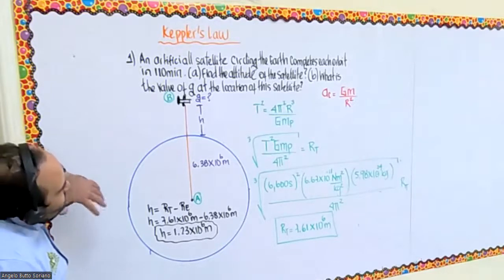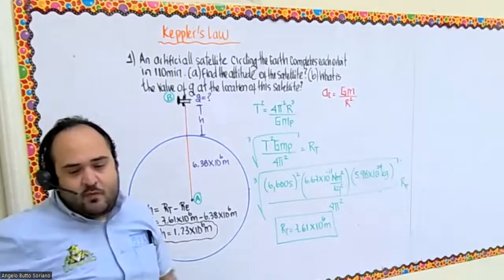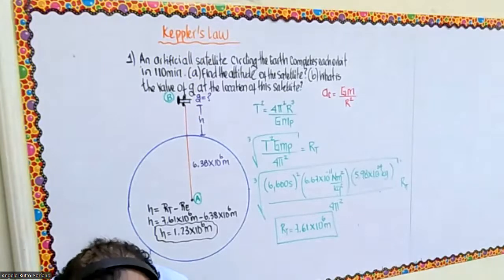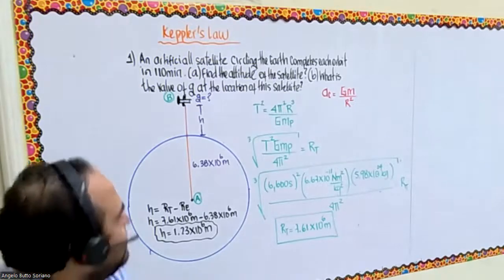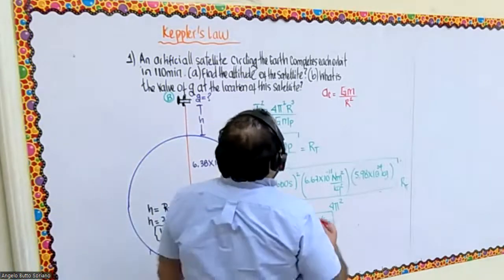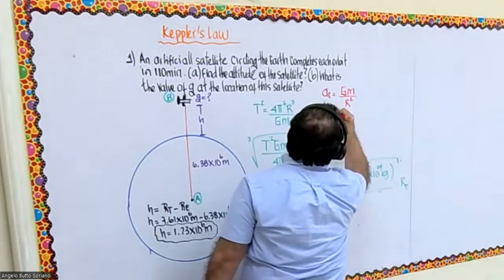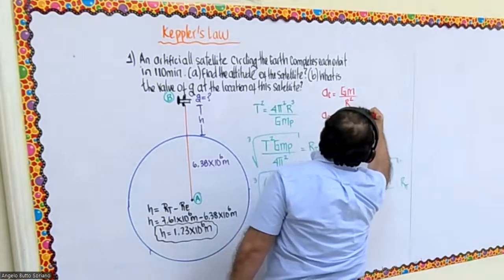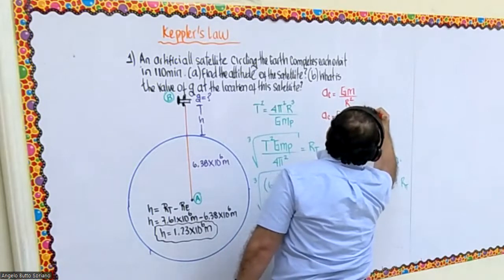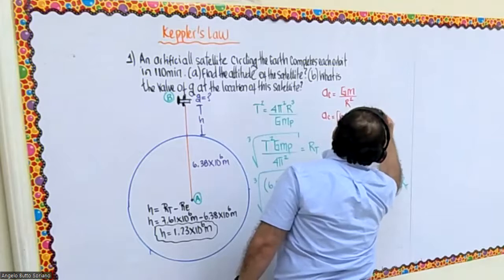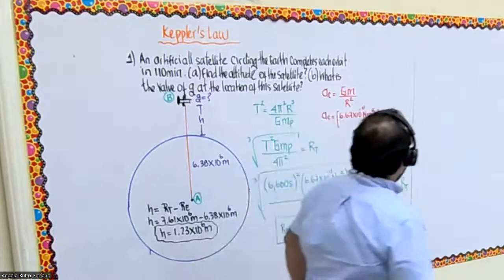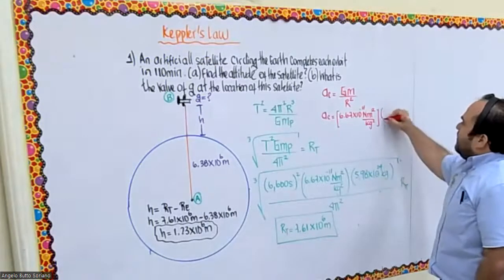So the problem is asking what will be this gravity, or the value of AC. In simple words, the only thing that we must do is substitute. The value of G is 6.67 times 10 to the negative 11 power newtons meter squared over kilograms squared, multiplying by the mass. What mass?